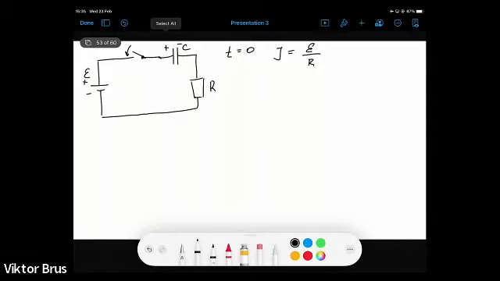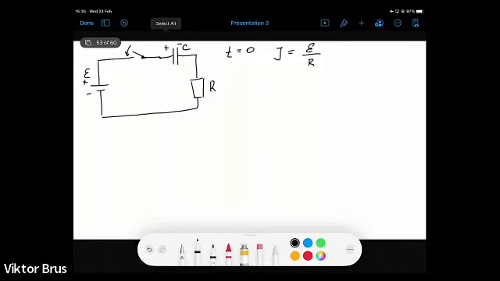However, over time, when the capacitor is charged, there will be some potential difference gained at the plates, and that will cause a reduction in the electric current.